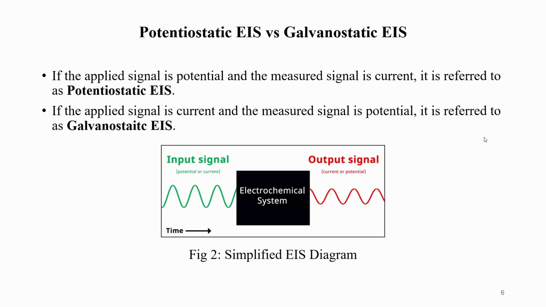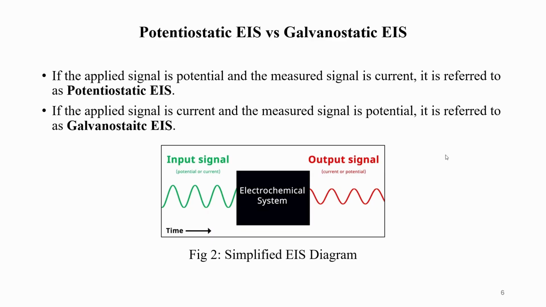On this slide, we compare two main modes of electrochemical impedance spectroscopy, potentiostatic and galvanostatic EIS. In potentiostatic EIS, we apply a potential signal to the system and measure the resulting current. In contrast, in galvanostatic EIS, we apply a current signal and measure the resulting potential.